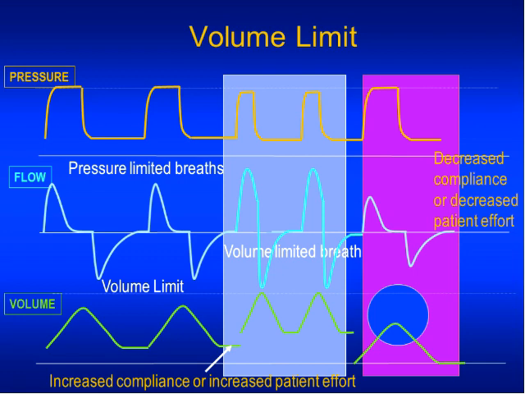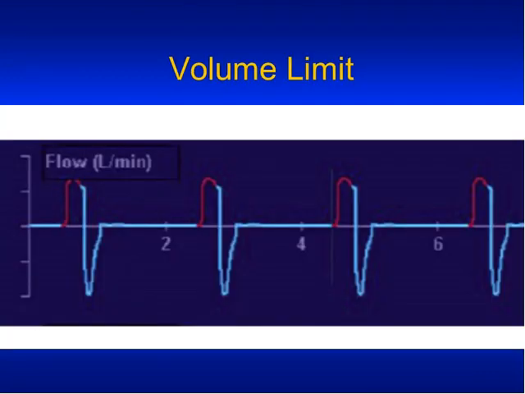But if for whatever reason the tidal volume now hits the volume limit, inflation will be interrupted at that point, and that can result in very short inspiratory time and a rather awkward type of respiratory pattern that the baby may not be all that crazy about.